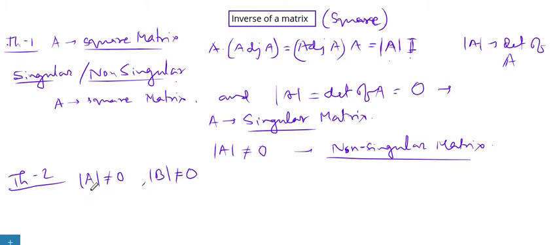Then determinant of AB is not equal to 0, as well as the determinant of BA is not equal to 0. Now you may wonder if AB is possible or BA is possible, because we know that matrix multiplication is not always possible. So why is it possible?